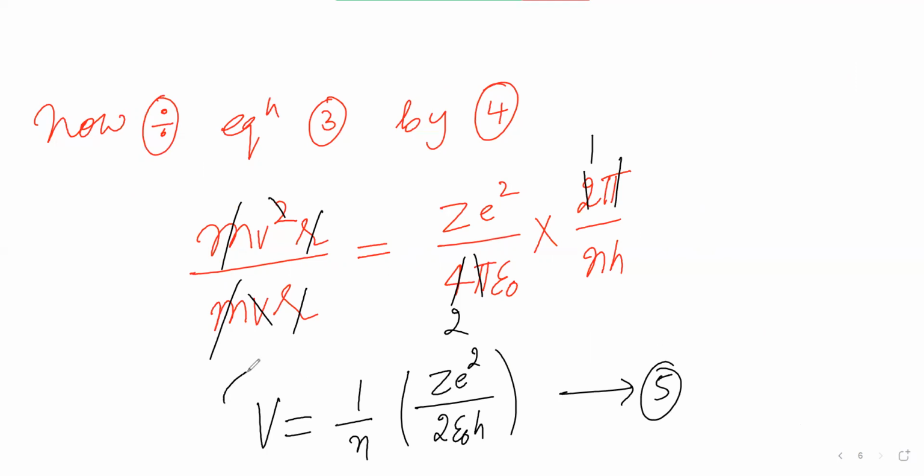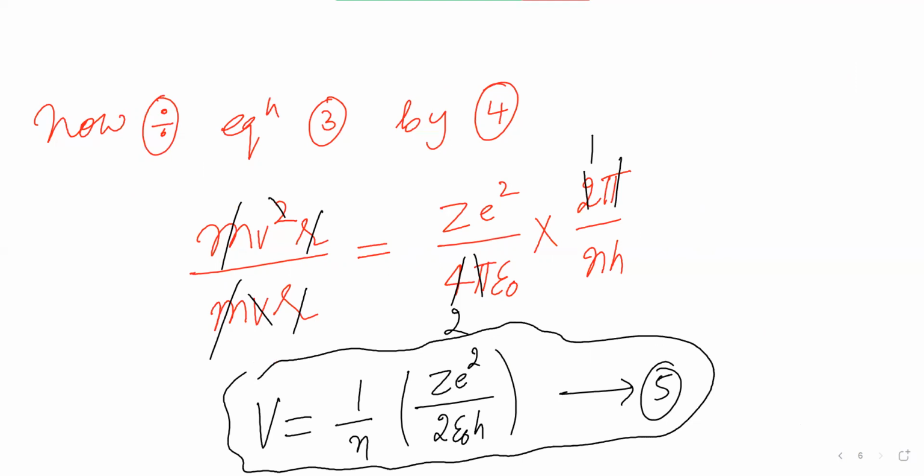This is the required expression for the orbital velocity of the nth electron.